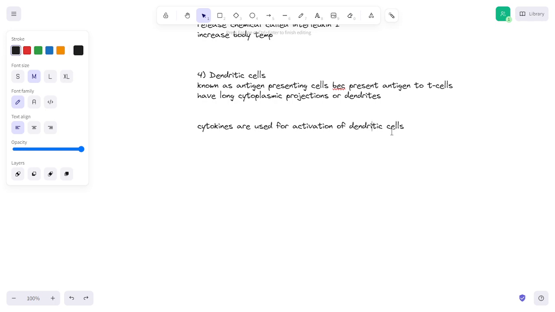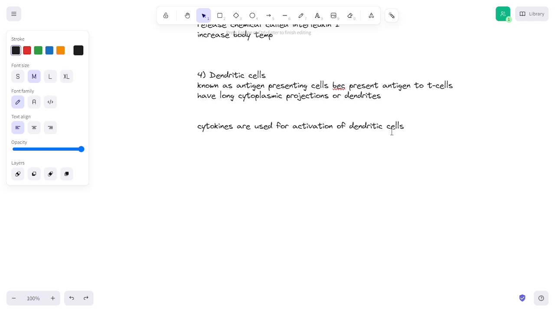So dendritic cells have long cytoplasmic projections, or dendrites. They are known as antigen presenting cells because they present antigen to T cells, and they are activated by the cytokines secreted by macrophages.